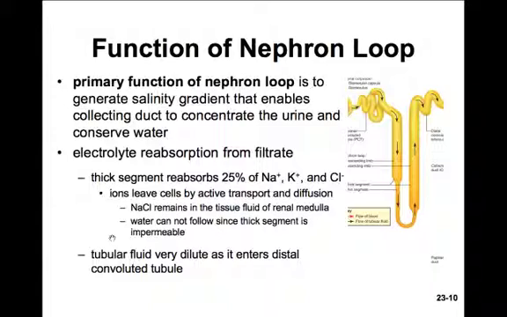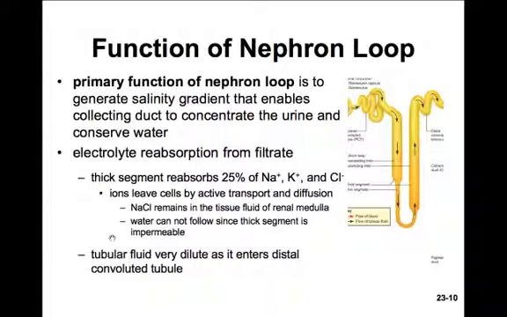The thick segment is going to be involved in actively transporting sodium, potassium, and chloride out of the tubule. So these ions will be transported together into the cell. And then we're going to see that there's active transport with the sodium-potassium pump, so potassium re-enters the cells of the tubule, and sodium is left outside.